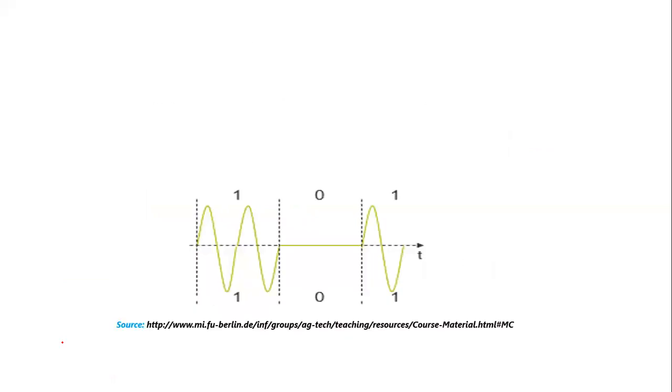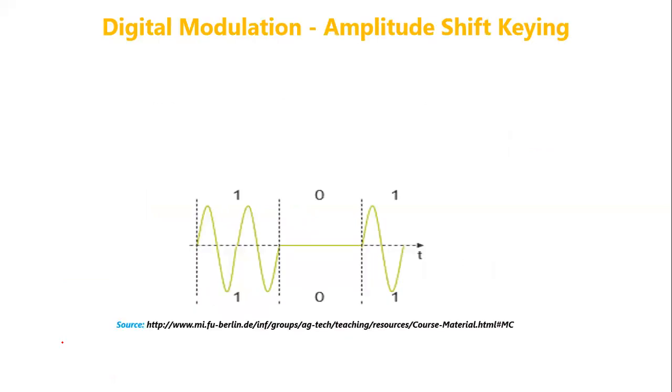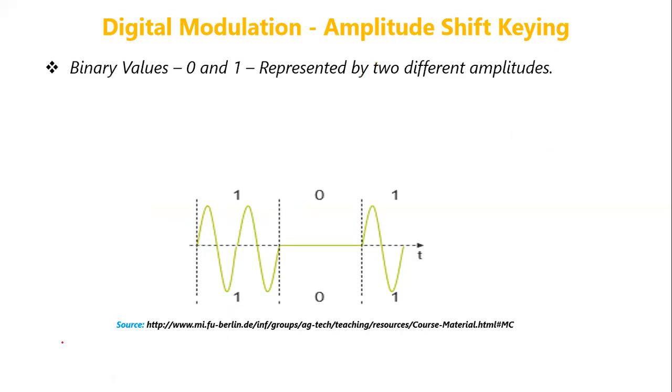Let us try to understand the concept of amplitude shift keying, and how it works. As we have discussed, there are three ways of converting a digital signal to an analog signal. One method is amplitude shift keying. Here, the binary values 0 and 1 are represented with different amplitudes.